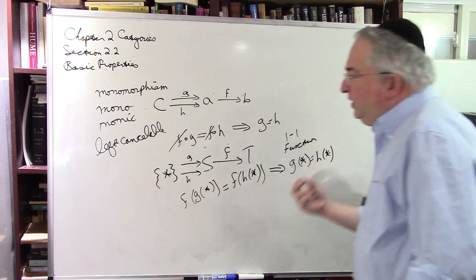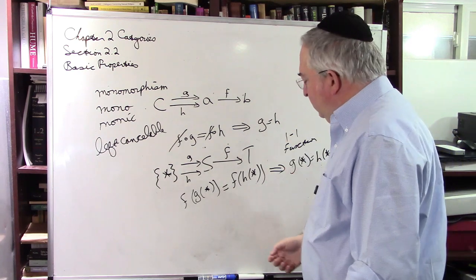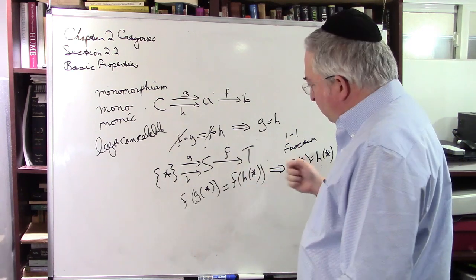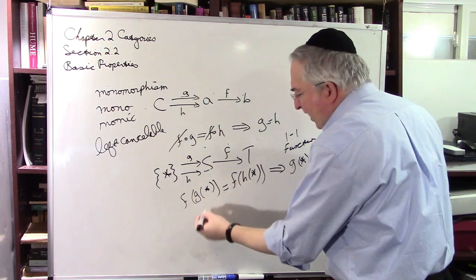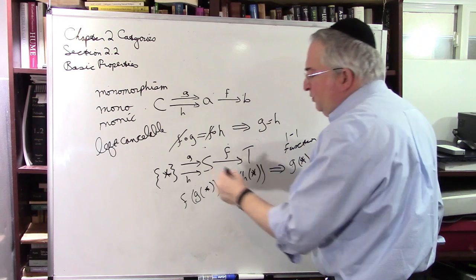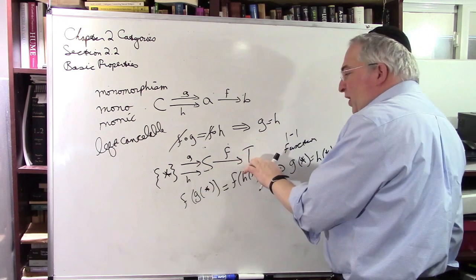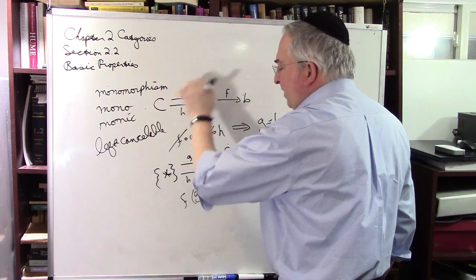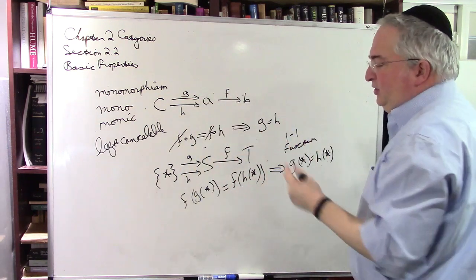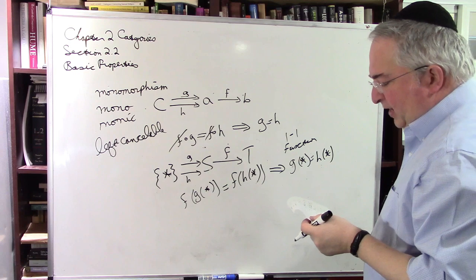Okay, but we like these definitions because when we were talking about sets, in order to tell you what a one-to-one function is, we had to talk about elements of the sets. So we say two elements here going to one element here, but here we're just talking about maps and compositions. That's it. And so that's more categorical.